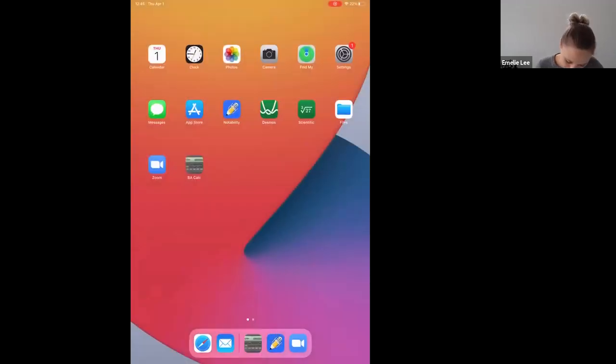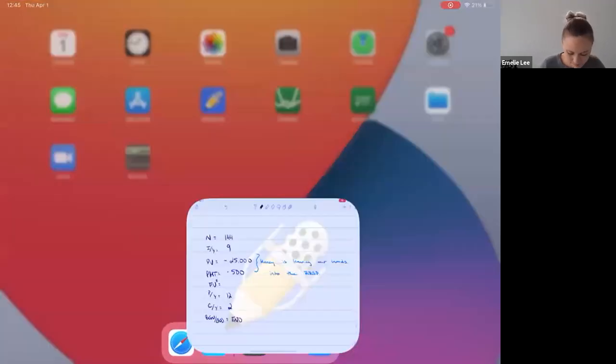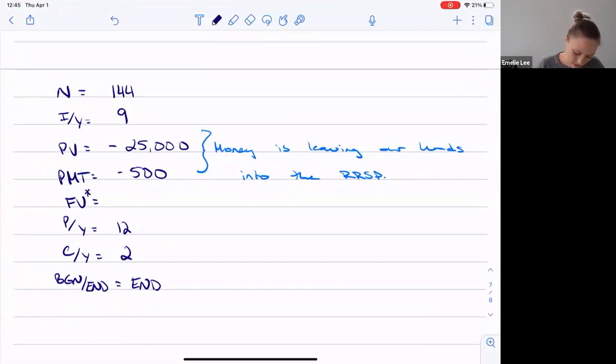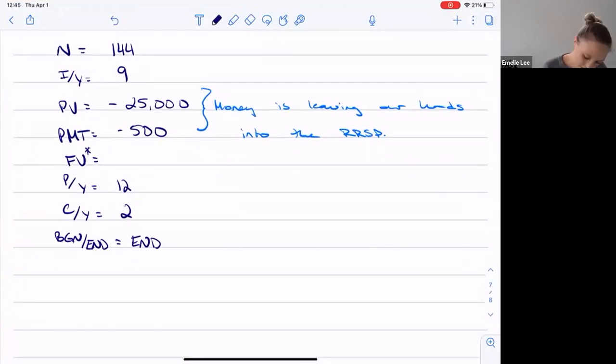Yep. So I find positive 199,292.88. I think it was 21. I just want to have all the decimal places that it gives me.